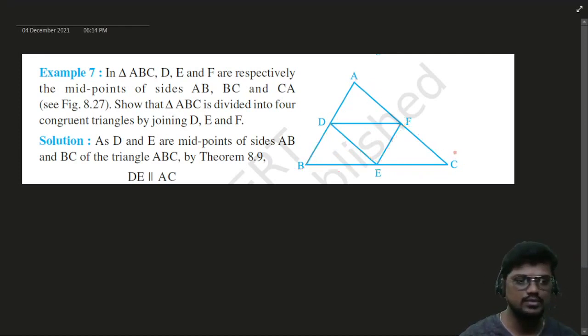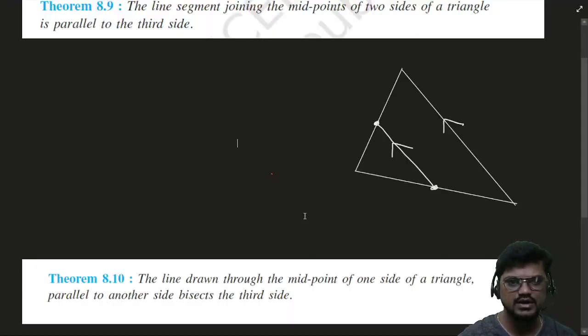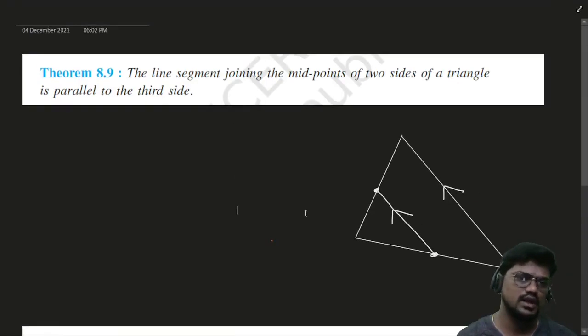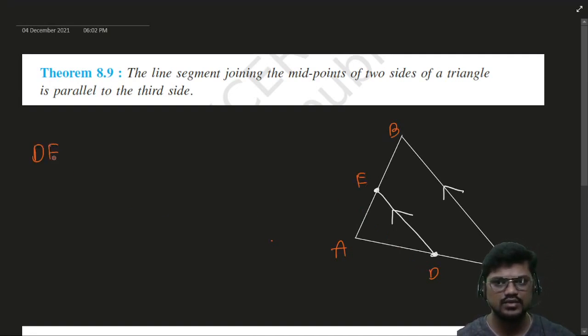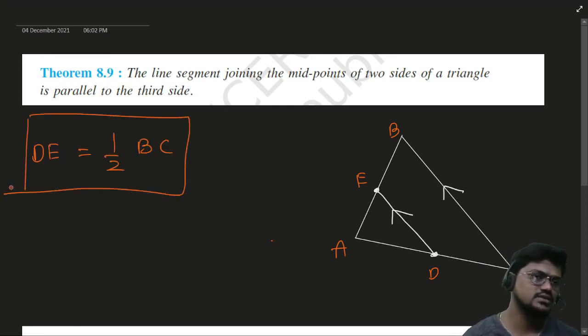Also, one more thing you have in the theorem: if you draw lines which are parallel to a side, means if this is A, B, C, D, and E, DE will be half of BC. If you join the two lines which are at the midpoints, what you get is this side will be half of the third side, and this side will also be parallel to the third side.